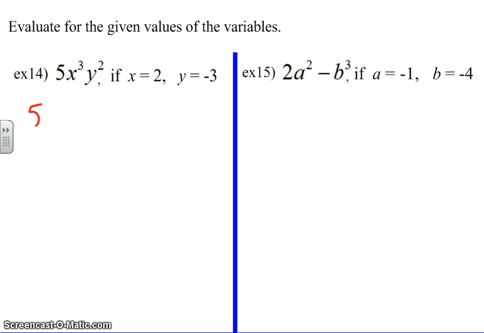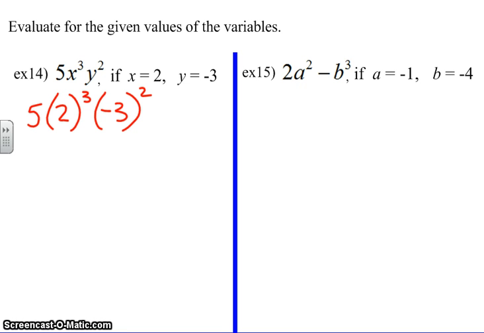So 5 times 2 cubed times negative 3 squared. And it is very, very important that you put that negative 3 in parentheses because that is the whole base. Anytime you are substituting numbers in for variables, you want to put them in parentheses.